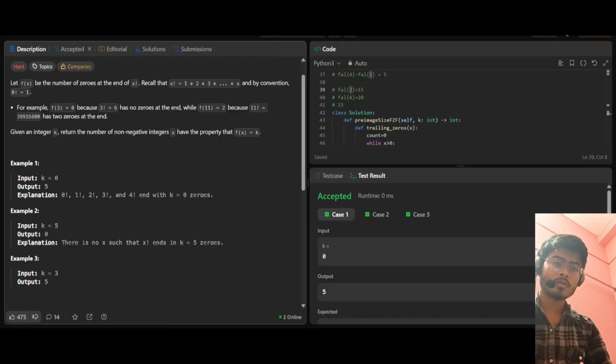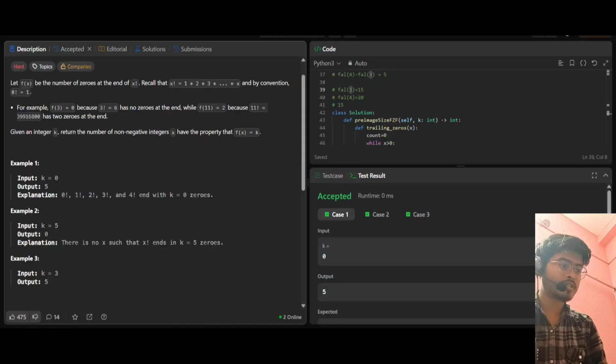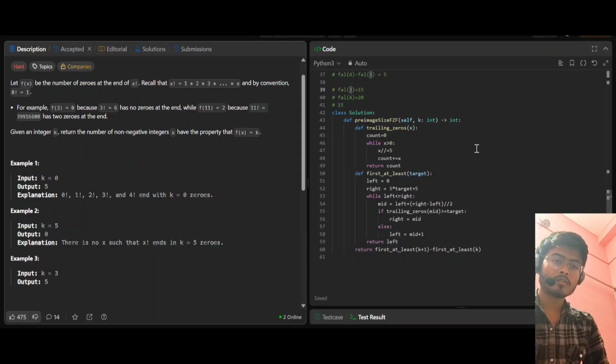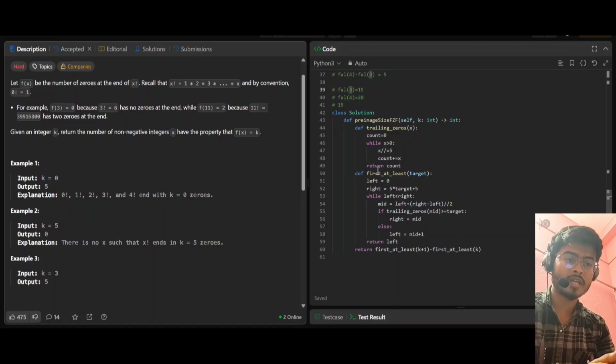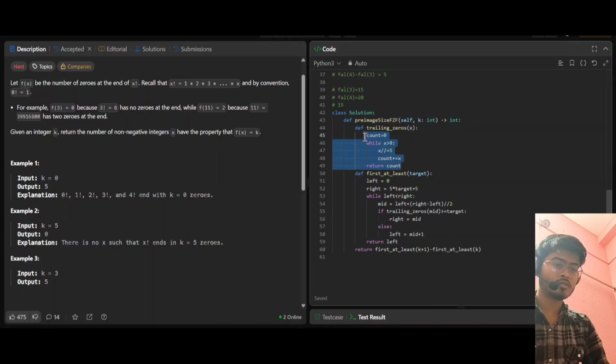Okay, let's now discuss the time complexity and space complexity. The binary search runs in logarithmic time. For every middle value, we calculate the number of trailing zeros by repeatedly dividing the number by 5 in the trailing zero function. That operation also takes logarithmic time.